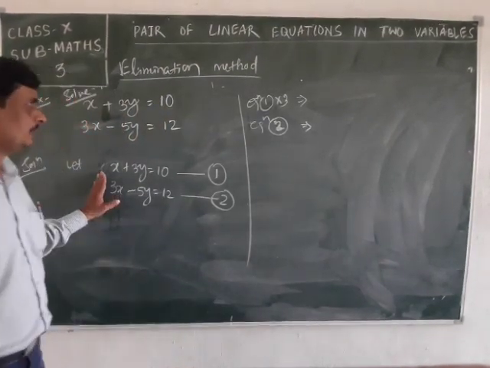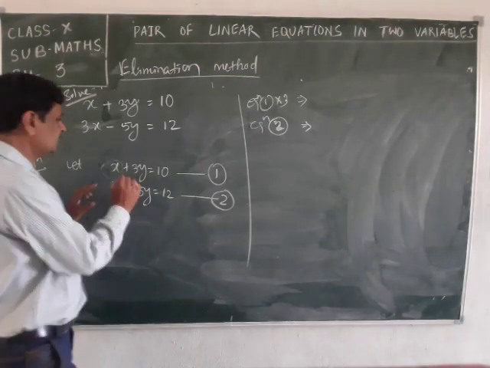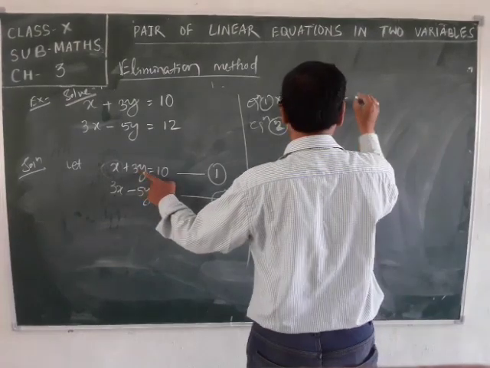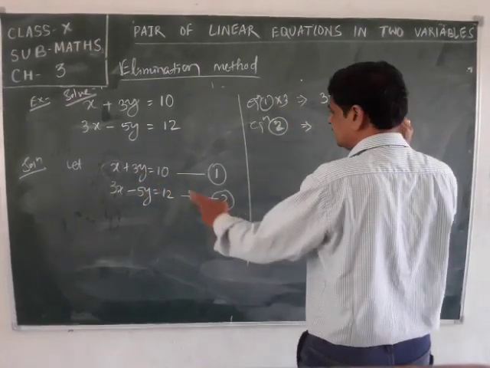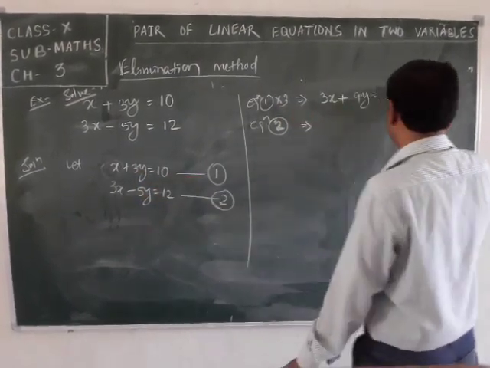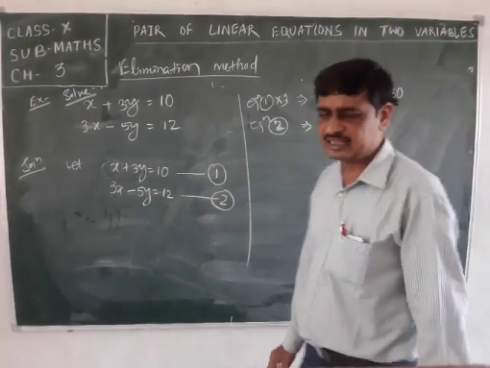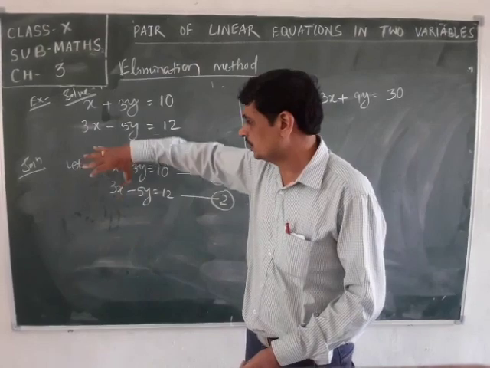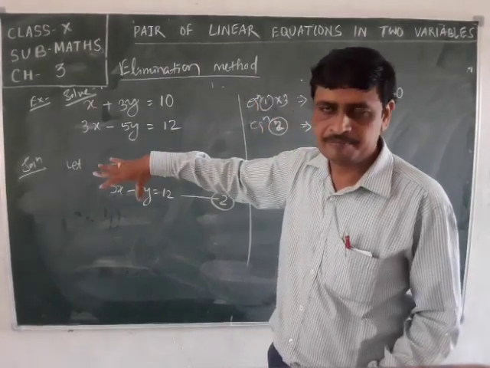Here equation 1 multiplied by 3 gives 3 into x, that is 3x, plus 3 into 3y, that is 9y, equal to 3 into 10, that is 30. When a factor is multiplied with any equation, that factor should be multiplied on both the left side as well as the right side.